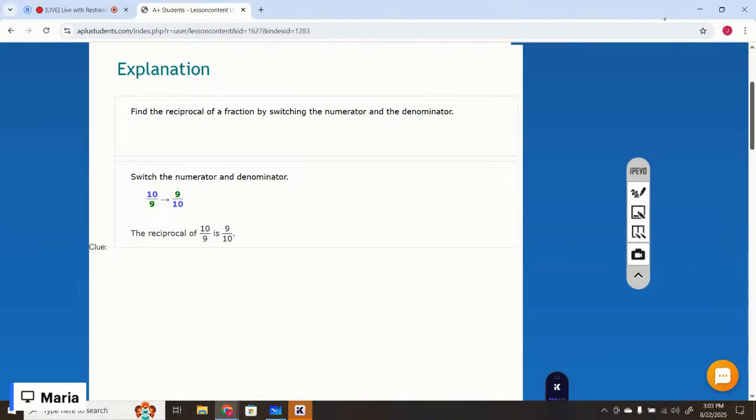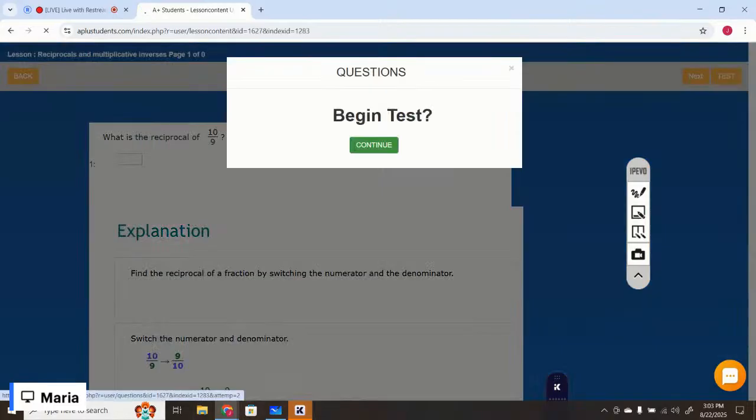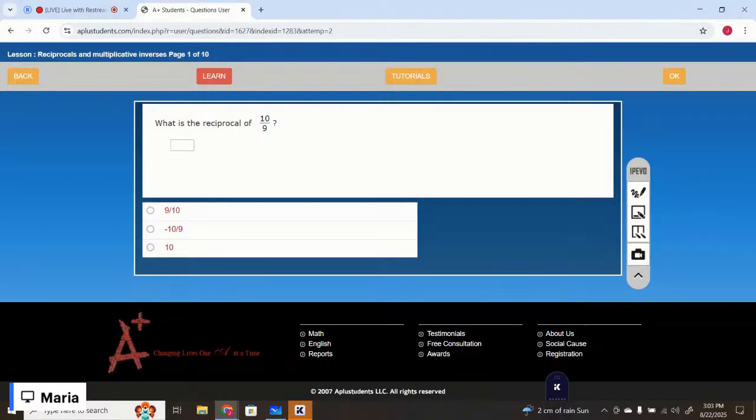Let's just start with the test questions. What is the reciprocal of 10 over 9? That is 9 by 10.